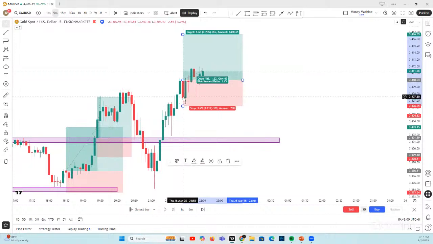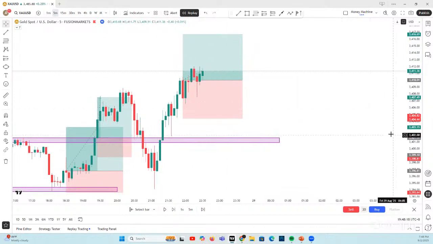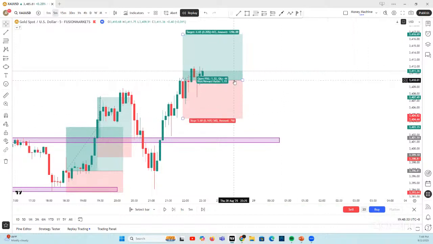We placed it just below this one, but there is a wick here, which means this is the lowest it went from that point on. So just put it below this wick. That's the proper way. I didn't put the stop loss well.